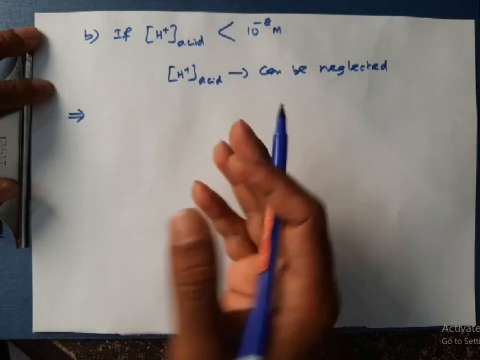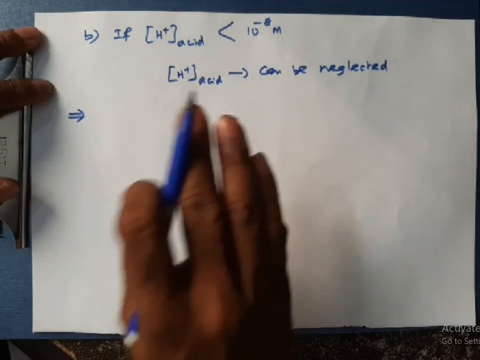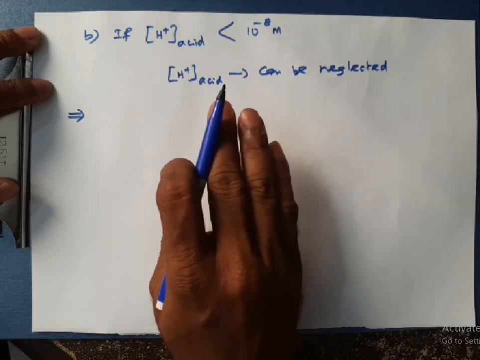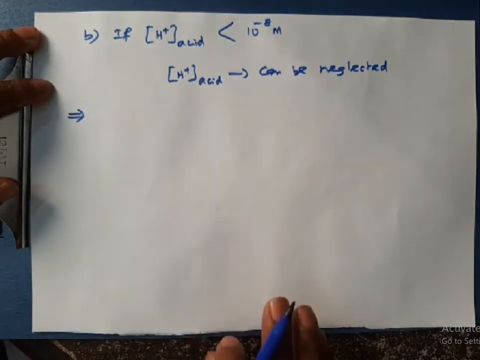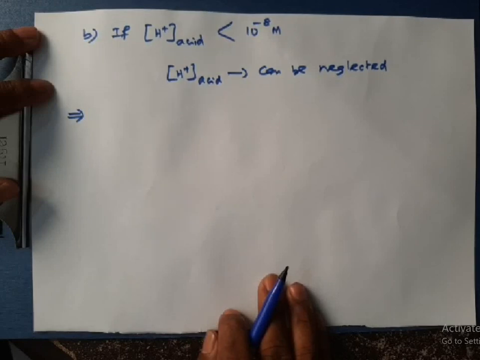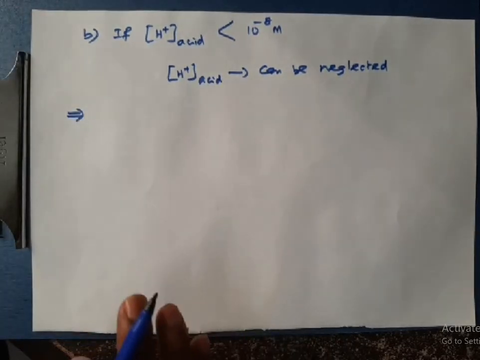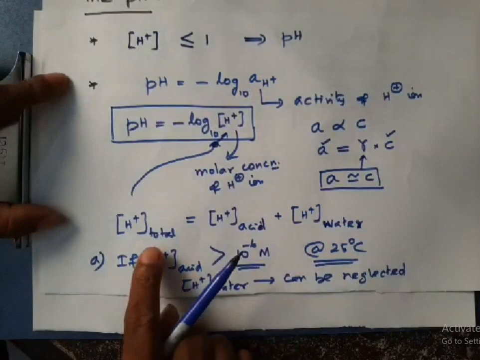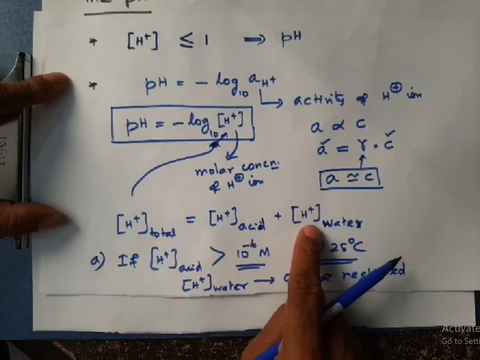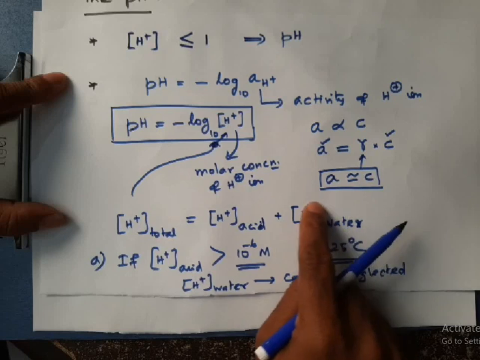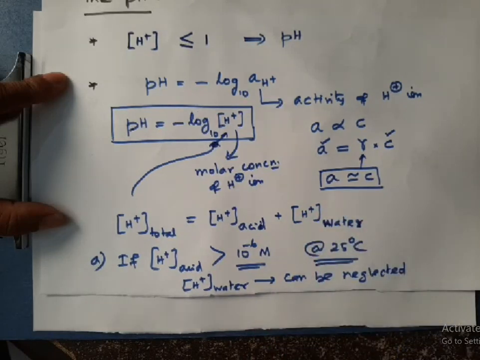You can take any solvent actually, but we are going to calculate pH mainly in aqueous solution. That's why, while saying H plus ion concentration here, I took H plus from water, because I am assuming that the solvent is water here.